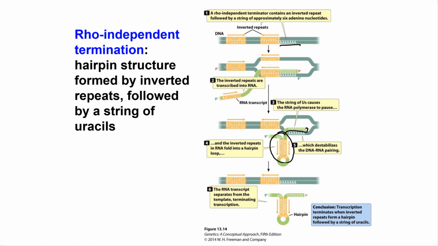It's a product of a single terminator which is present at the end of a group of several genes which are transcribed together. You don't usually find polycistronic RNA in eukaryotes. It is characteristic of prokaryotic gene transcription.